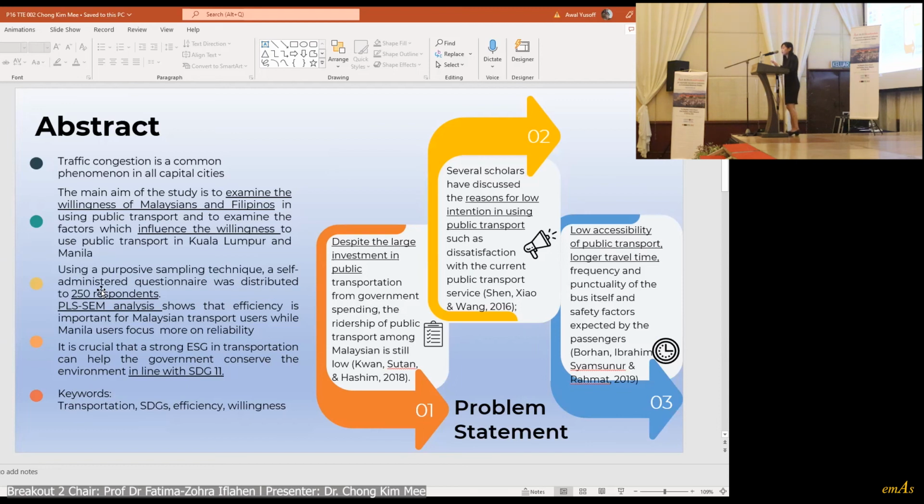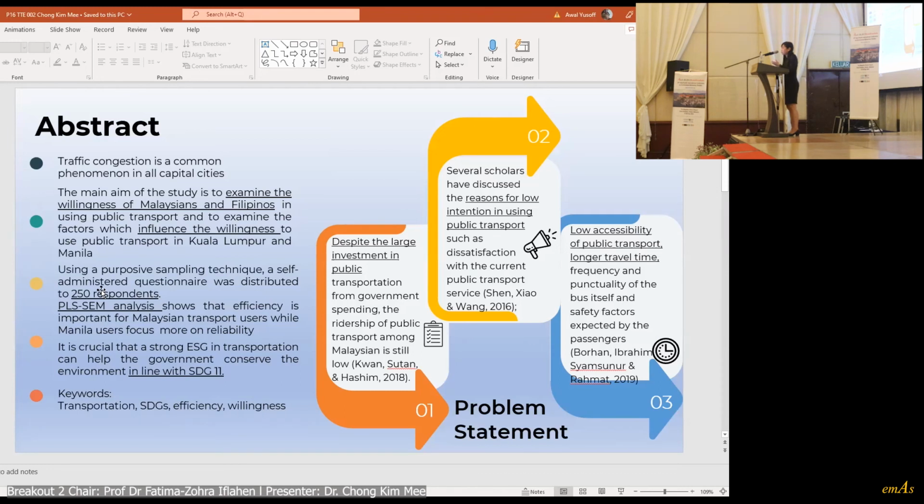So we are using a purposive sampling technique, with a self-administered questionnaire distributed to 250 respondents, using PLS-SEM analysis. This is in line with SDG 11. The problem statement is that despite the large investment in public transportation from government spending, the ridership of public transport among Malaysians is still low.